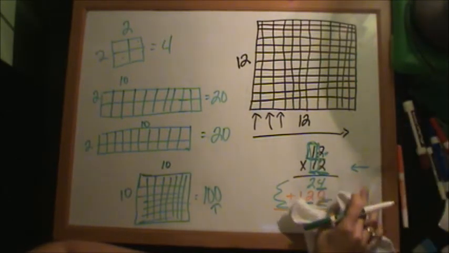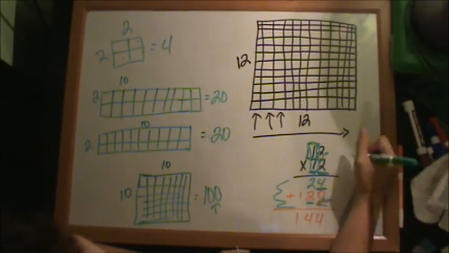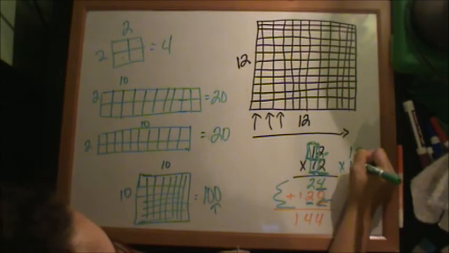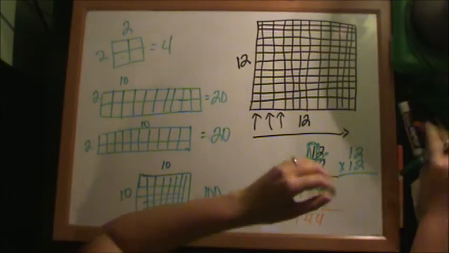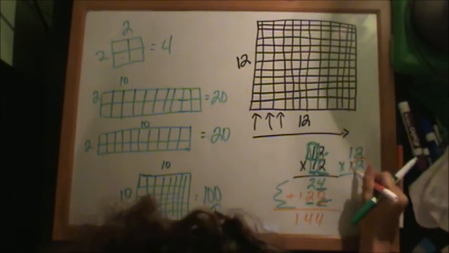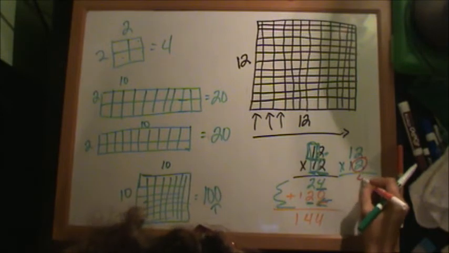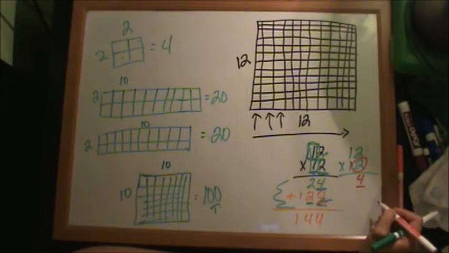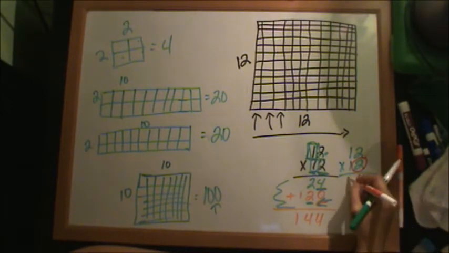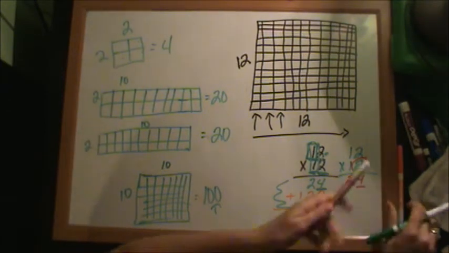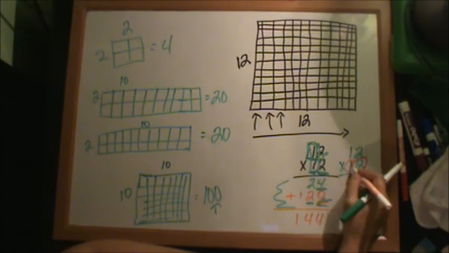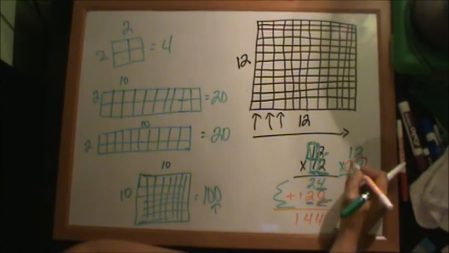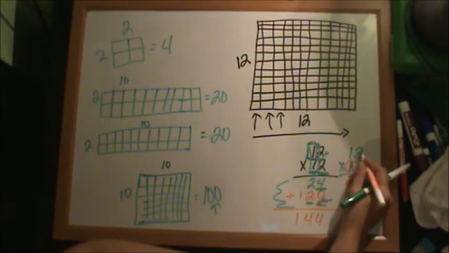Maybe I should erase this to show you a little bit better. You're not just moving over a place. You're starting with this 2 first. You're saying 2 times 2. That's why you drop the 4 in the ones place. When you move over to this 1, you're no longer in the ones place. It's saying 10 times 2, not 1 times 2.